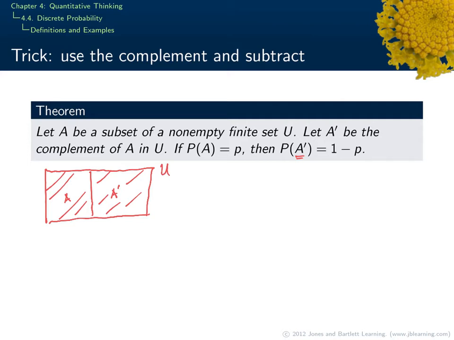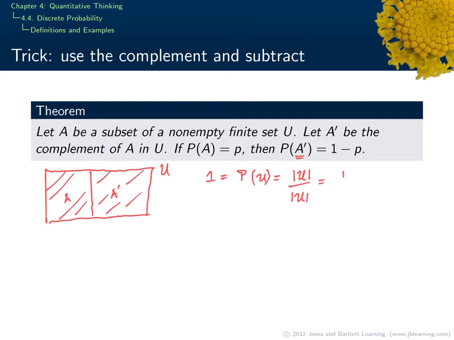So observe that 1 is the probability of U. Why is that? That's because the probability of U is just the size of U over itself.